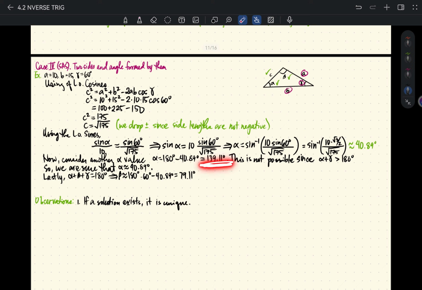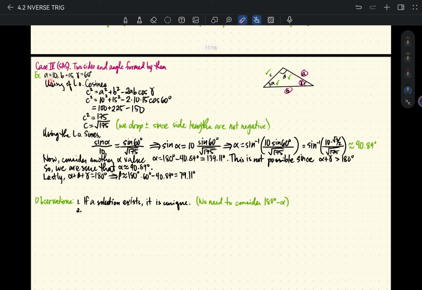180 degrees minus alpha. And second one, when do you think will a solution not exist for this case right here? As you can see, what's given here are two sides and an angle.